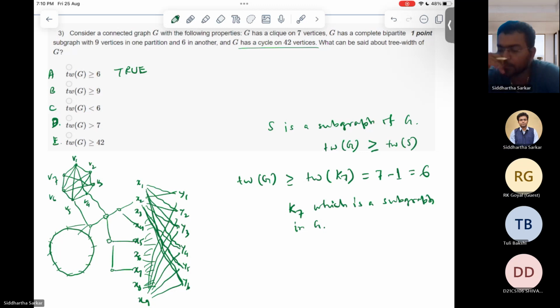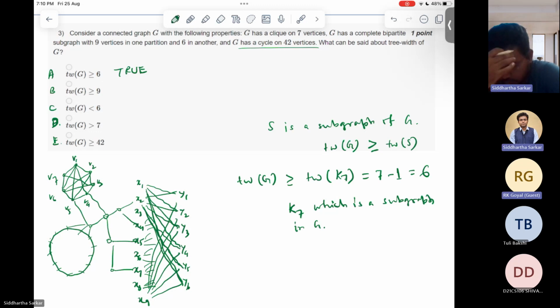Do you understand? Yes. So now in the case of the complete bipartite graph, since every vertex is connected to every other vertex, say x1 is connected to 6 other vertices. To whomsoever this vertex x is connected, all those components should become part of the same bag.